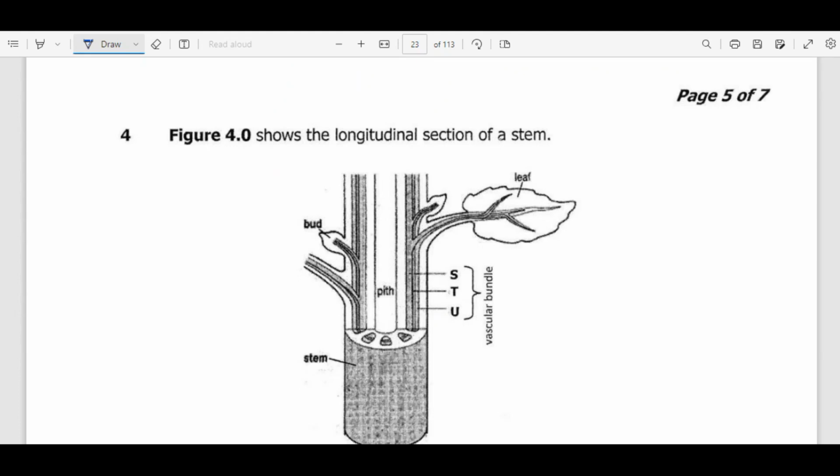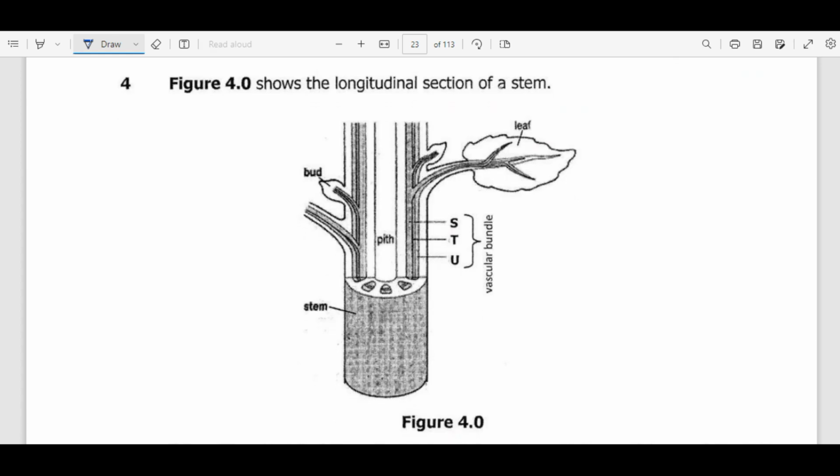So we move to question 4. Show the longitudinal section of the stem. So we have the longitudinal section of a stem. The question here is that we have S, and then T, and this is the vascular bundle.